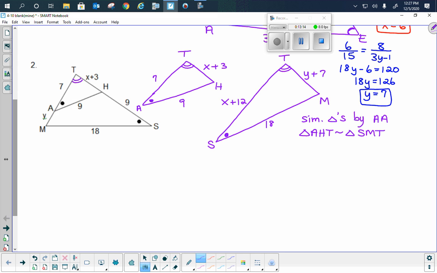However, here's what I was saying. If your two pictures are drawn exactly the same, notice they both have the dot on the lower left, they both have the double marks in the top. Can't I just go straight to saying the left side of the small one? This is like when we were writing our proportions, right? I'll say small triangle to large triangle, if that will help you remember to always put the small one on top and the large one on the bottom. Just be consistent, okay?